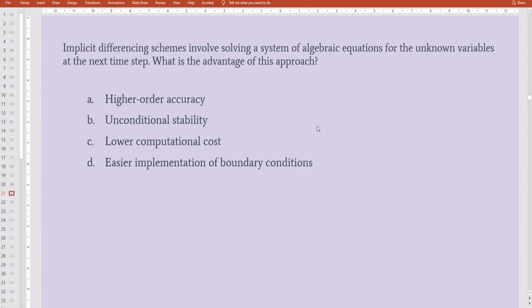D, easier implementation of boundary conditions. You can inbox your answers.